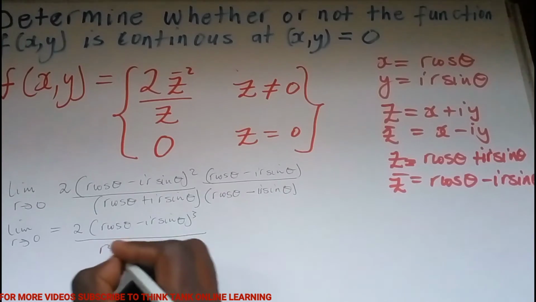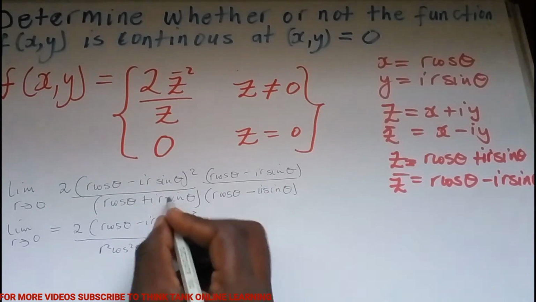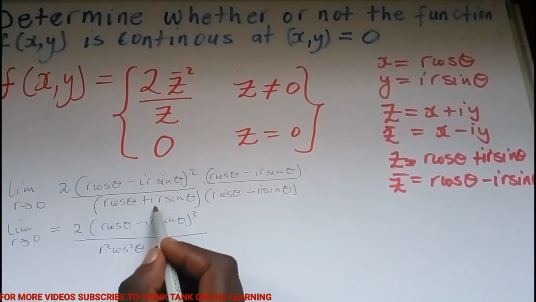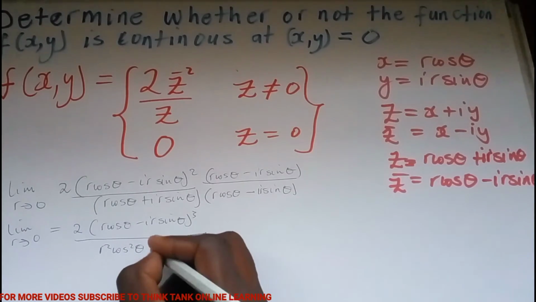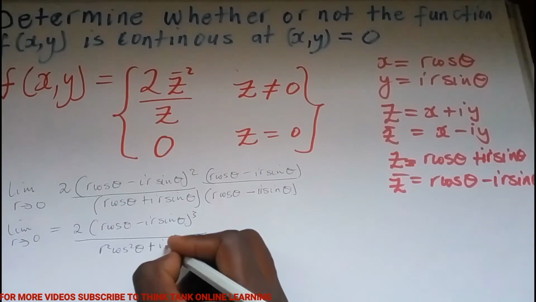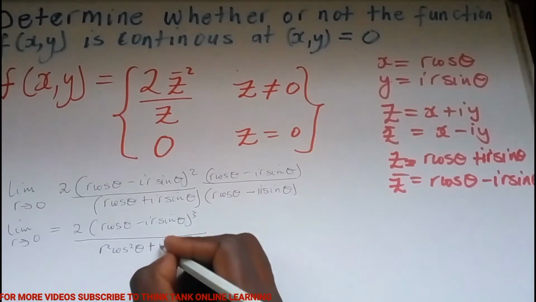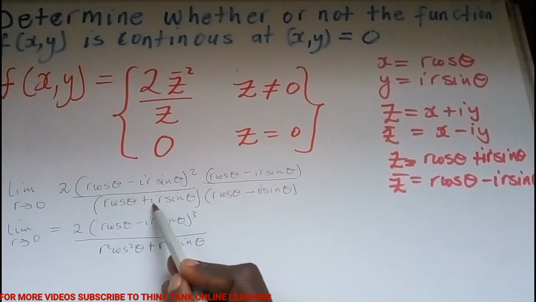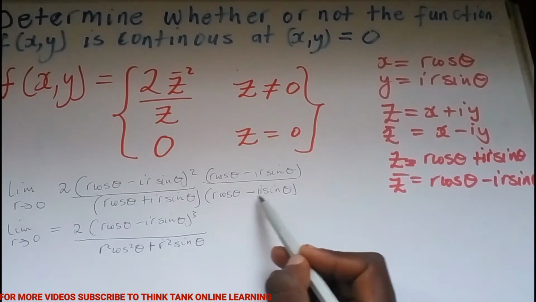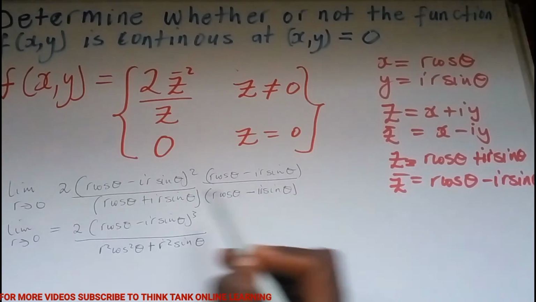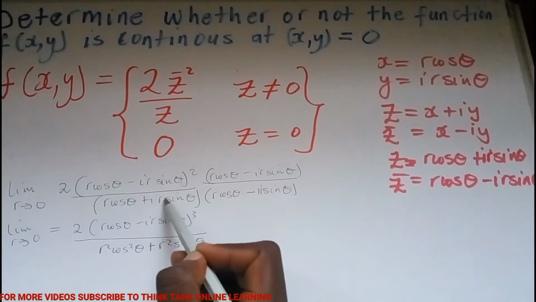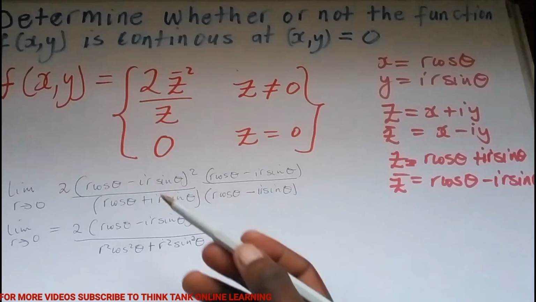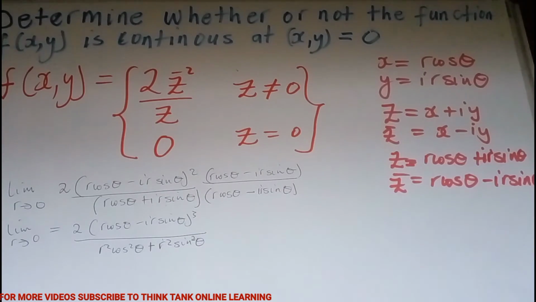So here I'm going to get r squared cos squared theta, and I'm going to square i r sine theta, which gives positive r squared sine squared theta, because i r sine theta times negative i r sine theta gives negative i squared r squared sine squared theta, and negative 1 times i squared is equal to positive 1.